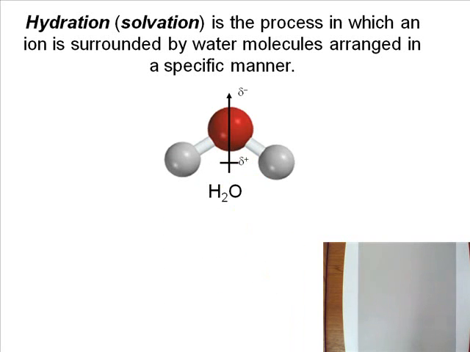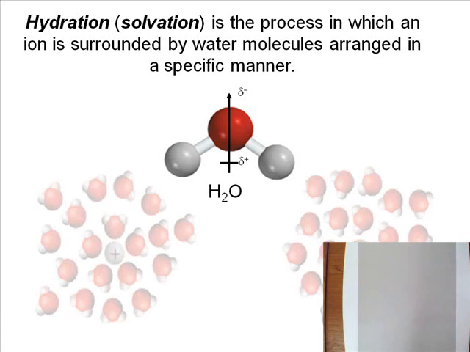So what is the act of the dissolving process? That's referred to as the hydration or solvation. This is the actual process in which the ion, for example Na plus or Cl minus, becomes surrounded by the water molecule, which, as we said, is very, very polar.